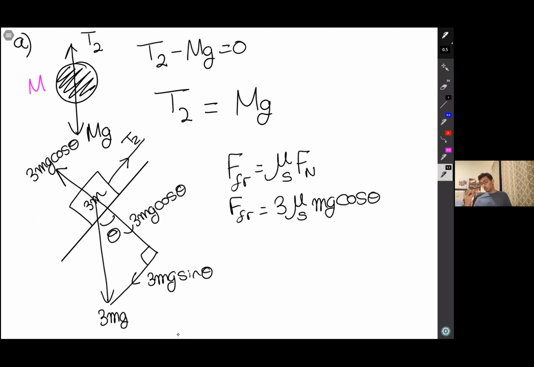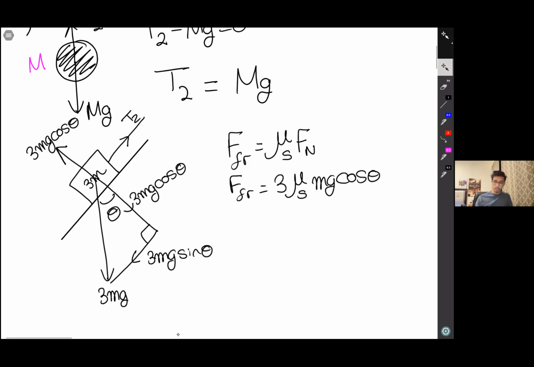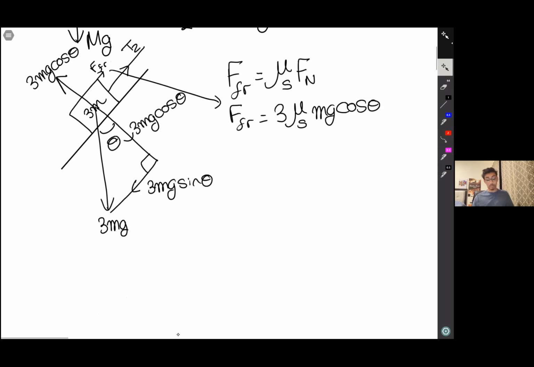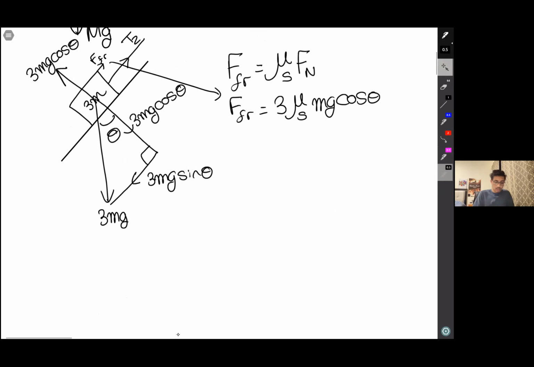Okay, so which direction will this go? Well, note that the block does want to slide downwards like this. And because it wants to slide downwards, the frictional force will act upwards. It prevents it from sliding. So I'm just going to write this here, Fr this way, and I've specified what that is here. So let us write down the Newton's law equations.